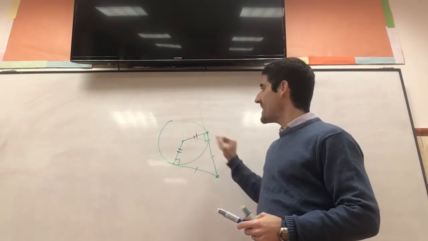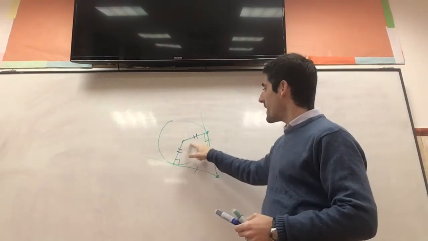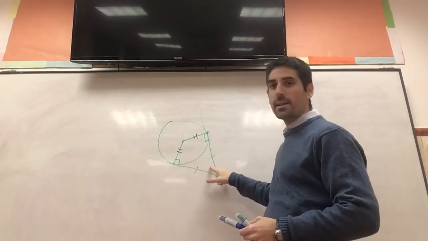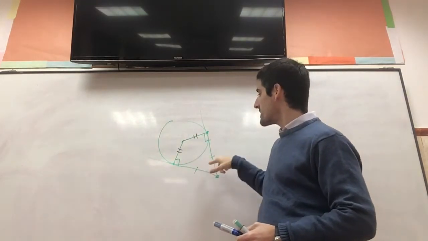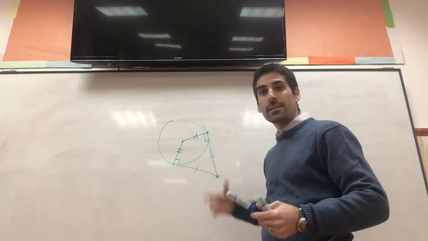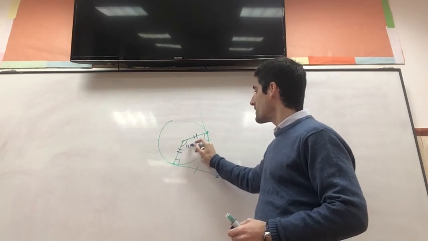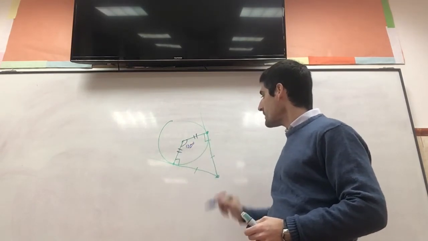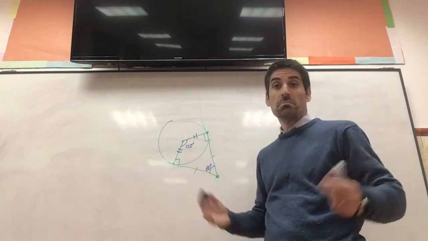And you can see how they may throw different questions there. They may give you that angle and ask you to find that one there. So you know these two are 90, 360 minus 90 minus 90 minus that will give me that angle there. So if that was 120 degrees, this angle here would be 60 degrees.